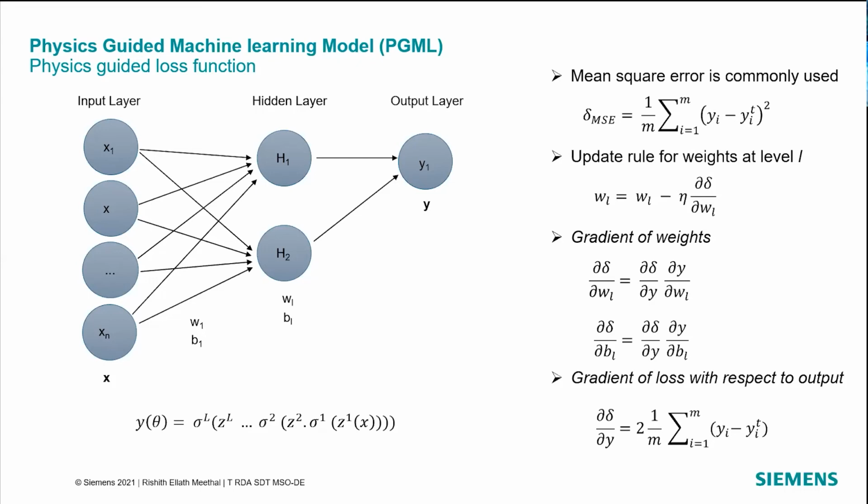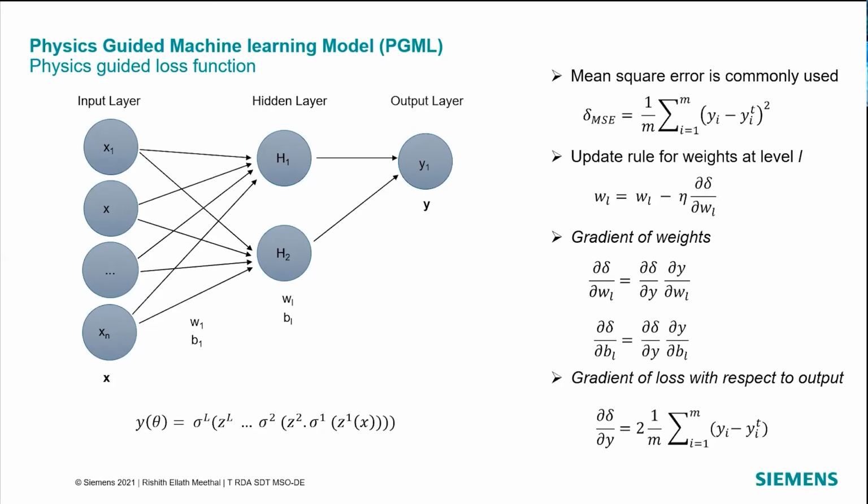For calculating this, we normally use the chain rule, where the derivative of loss with respect to any learnable parameter is the derivative of loss with respect to the output of the neural network times the derivative of output with respect to the learnable parameters. The first term depends completely on which loss function you are using, and the second term depends completely on the architecture of the neural network.